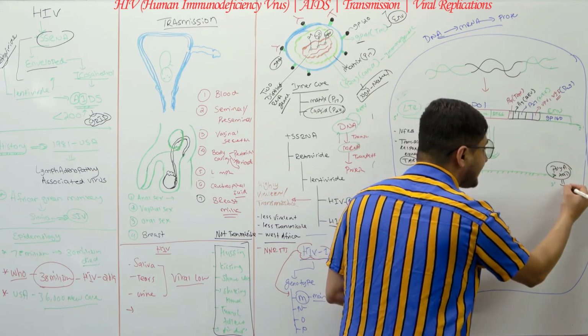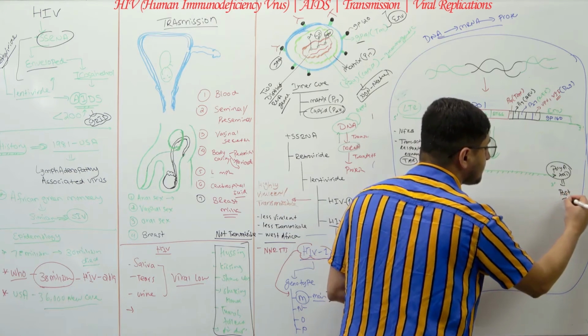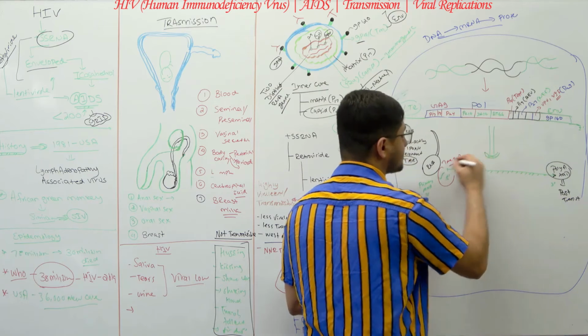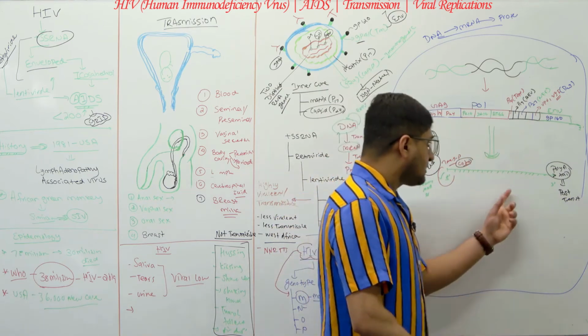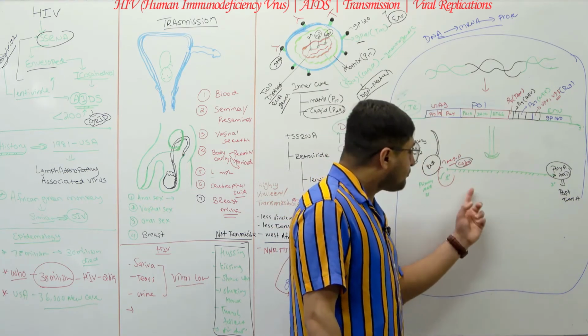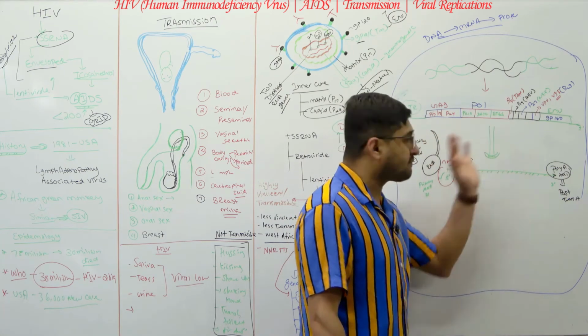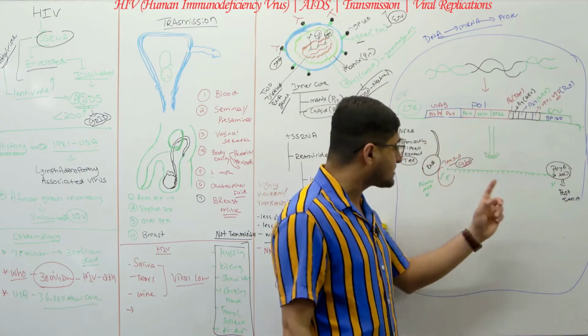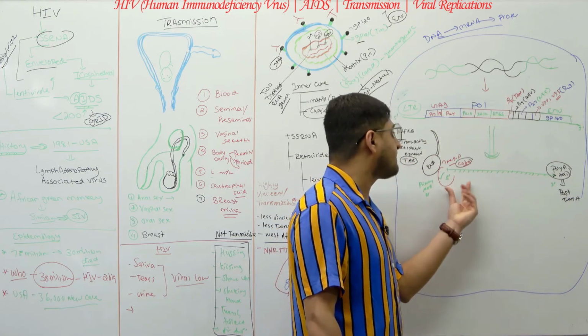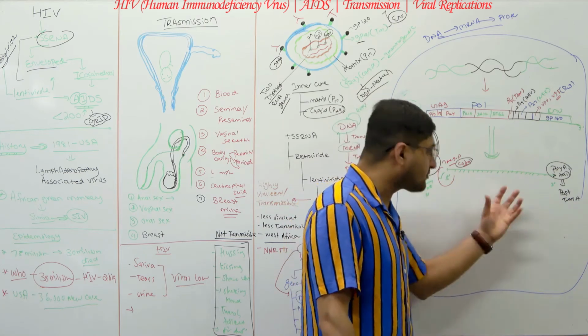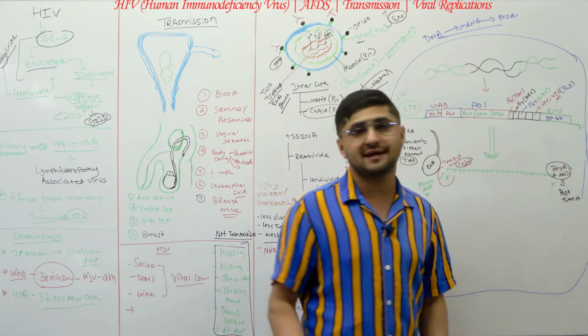But this poly-A tail addition happens post-transcriptionally. The methyl cap happens co-transcriptionally, meaning before the RNA polymerase is done reading; after it is done synthesizing, the poly-A tail addition happens.